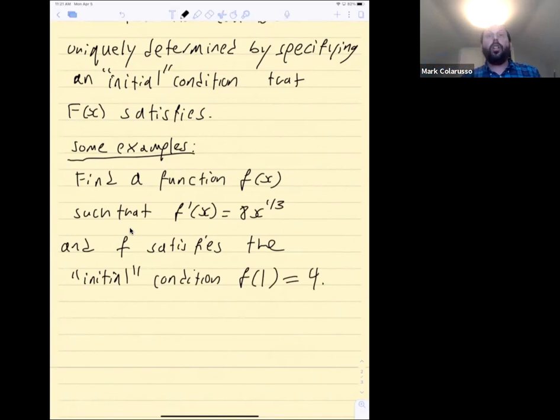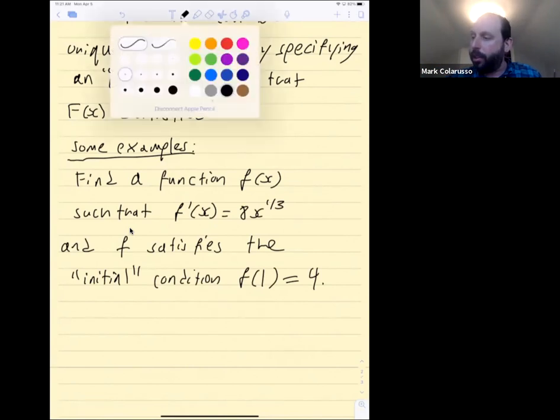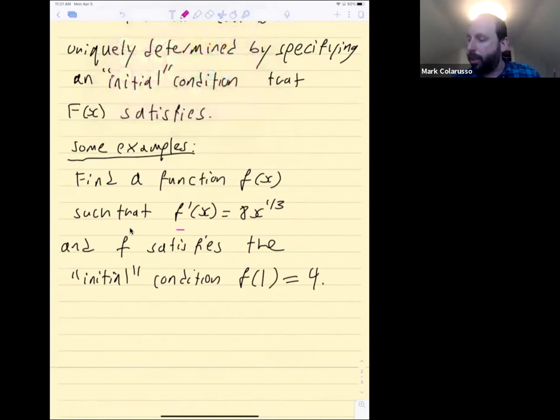Okay, so what are we told? We're told that we want to find a function whose derivative is 8 times the cube root of x, and that function satisfies the condition that f at 1 equals 4.